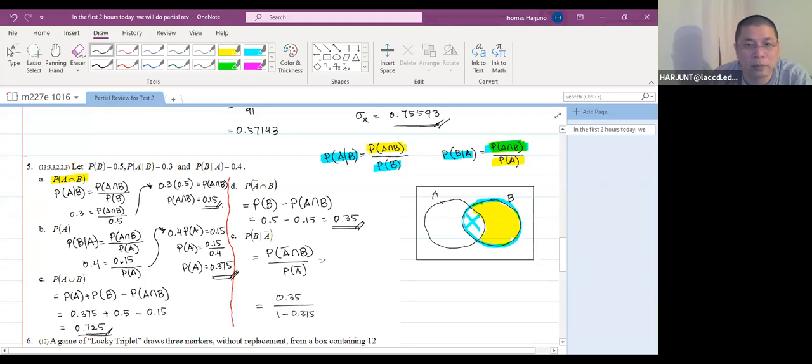Maybe I write it here first. This is the probability of not A intersect B over 1 minus the probability of A.